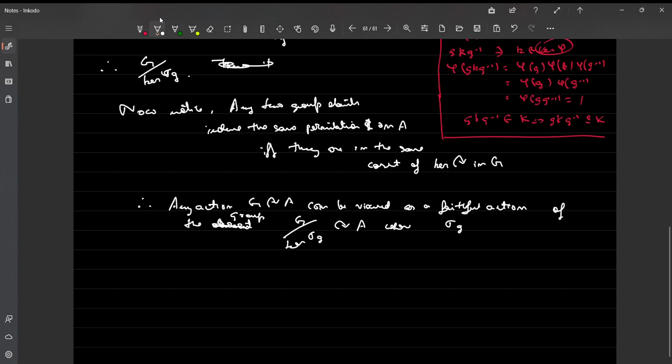We can think of it as the action of G mod the kernel of sigma G on A, where sigma G is the associated permutation representation. Clear? Got it?